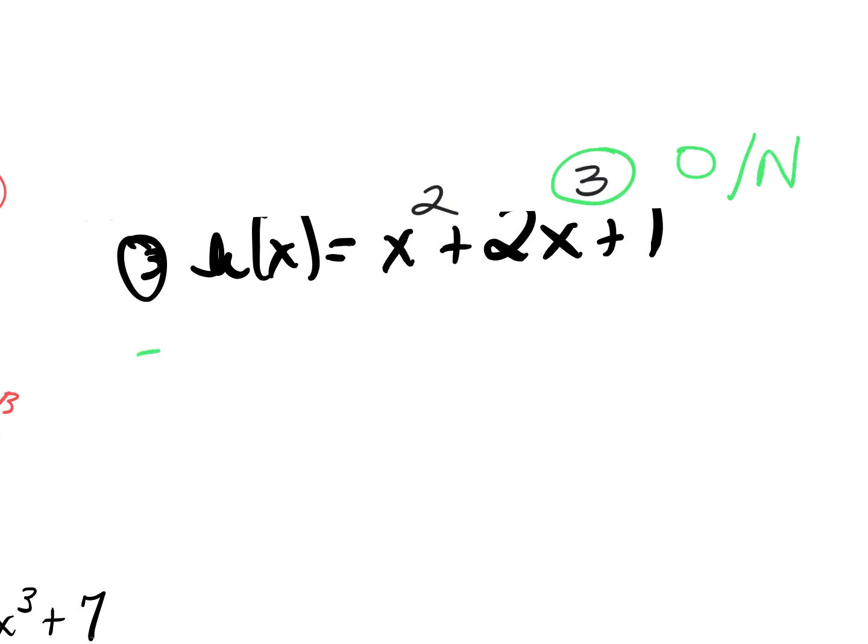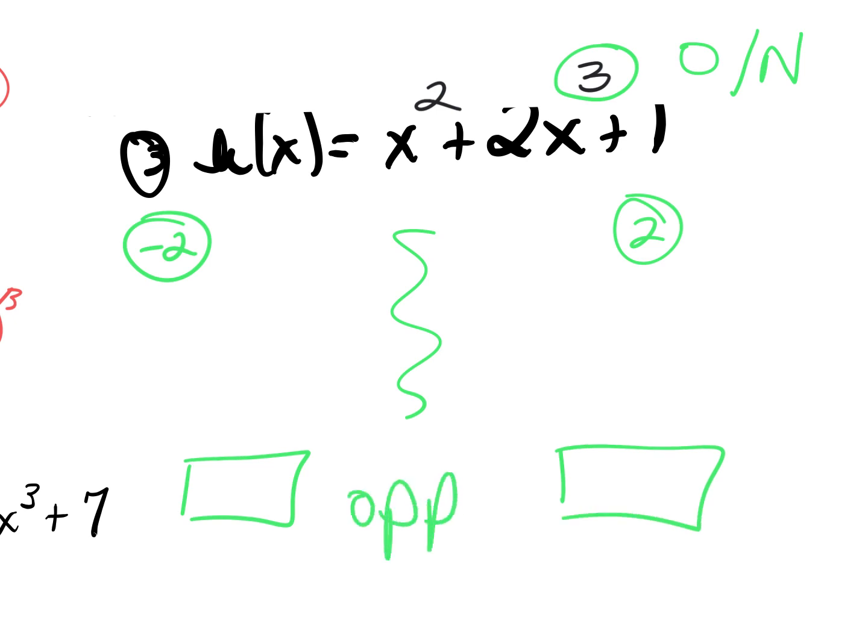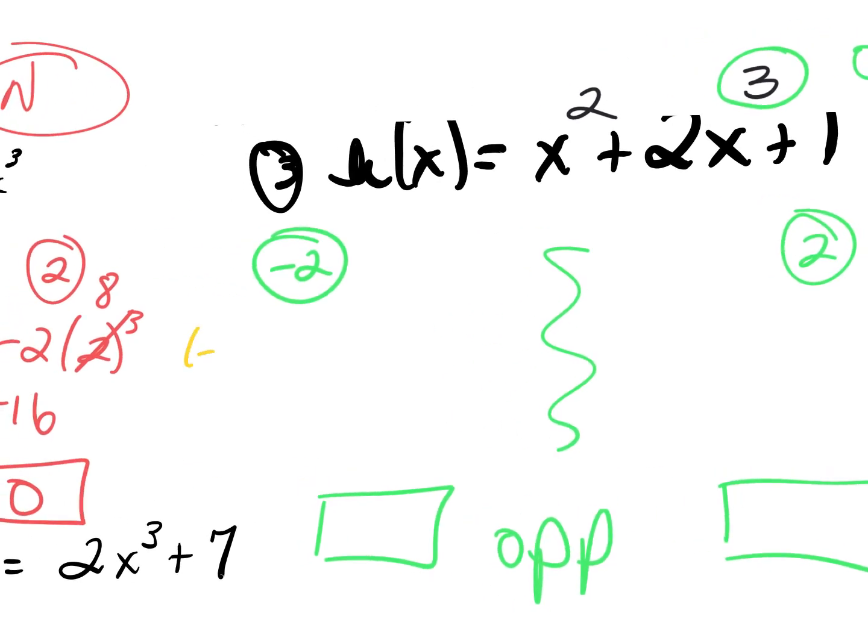So I'm just going to, again, use -2 and +2. If this function is odd, what are the answers going to be of each other? Opposites. Good. I'm setting it up the same way every time. So -2 squared plus 2 times -2 cubed plus 1.